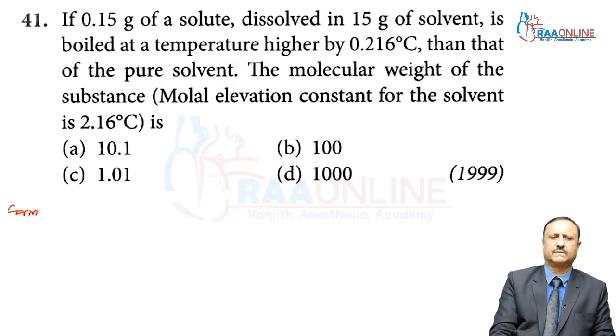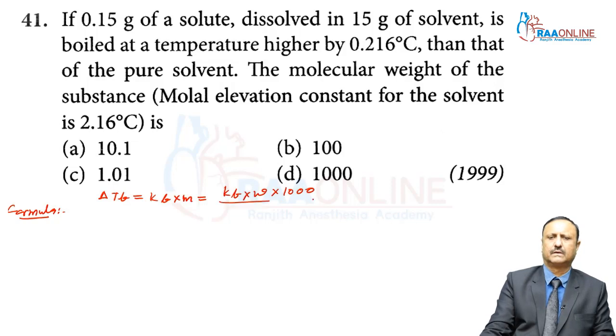So, my dear students, what is the formula which is used? Our formula is delta Tb is equal to Kb into small m. And what is this small m? It is molality. You know very well, w into 1000 upon small m into capital W. Now, we can put the values, my dear students, and you can calculate delta Tb.